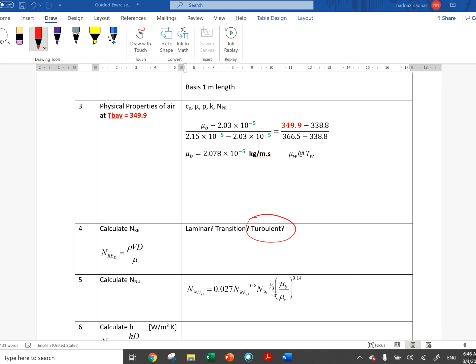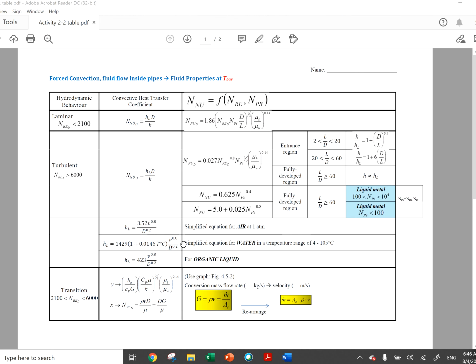If you want to double check, let's go into our activity 2-2. So here, turbulent, Reynolds number is larger than 6,000. This is the Nusselt number equation.